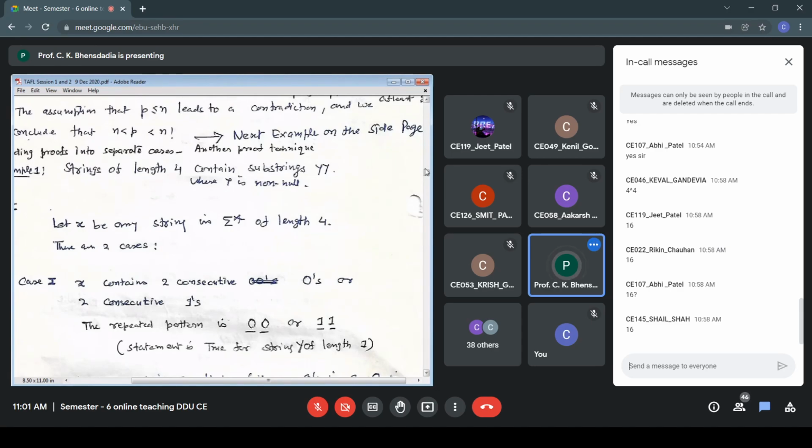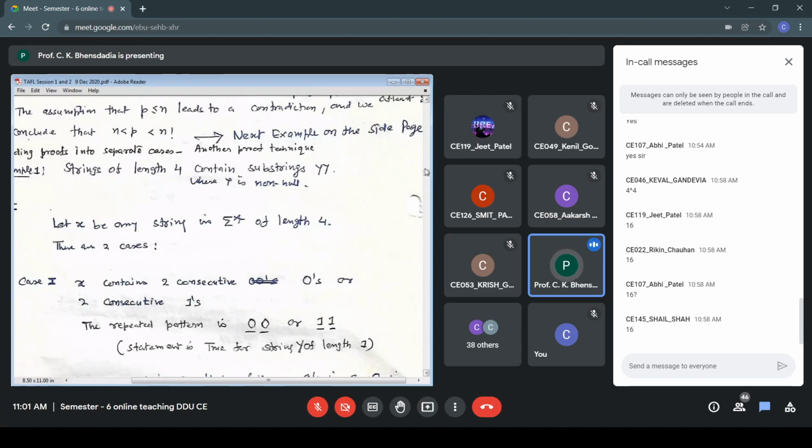So here there are 2 consecutive zeros or 2 ones. And what I require in X is a repeated pattern. It contains substring yy. So y and y get repeated, so it is said yy. If there are 2 consecutive zeros in X, then my first y is 0 and second y is 0. So the yy I am looking for is 0 0.